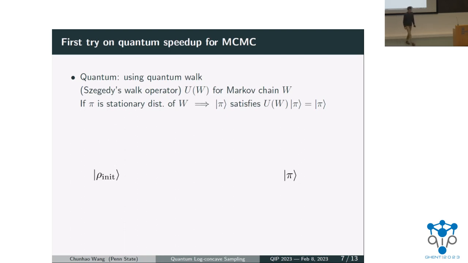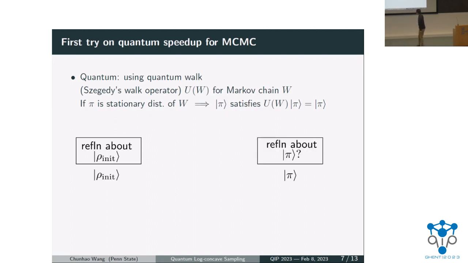So let's see how we can use this property to get the target distribution state from the initial distribution state. First of all, a reflection about the initial distribution state is easy to implement, because we assumed the initial distribution state is easy to prepare. Then, how about the reflection about the target distribution state? We use the fact that it is the unique eigenvector of eigenvalue 1.